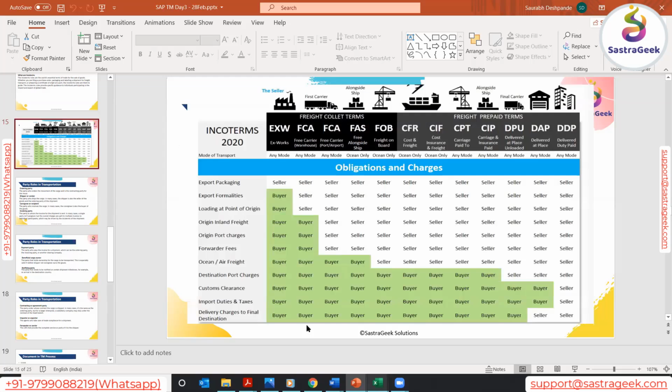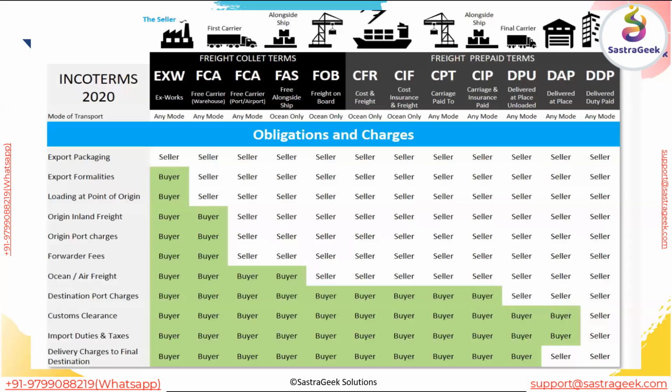So coming on to the next part, as we've seen earlier, what is Incoterms? International commercial terms.